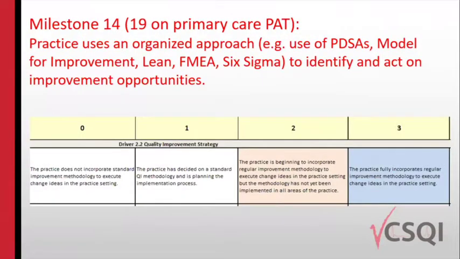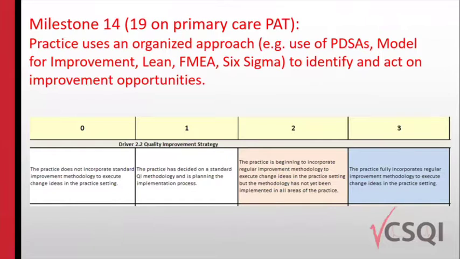So let's take a look at milestone 14 or 19 on primary care first. It reads that a practice uses an organized approach to identify and act on improvement opportunities. What is an organized approach? I'm going to turn the slides over to Ivan Burkle now, who I hope all of you have had a chance to speak with. Ivan?